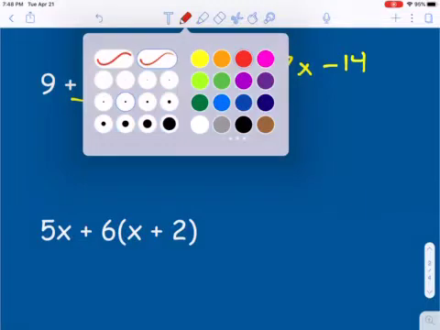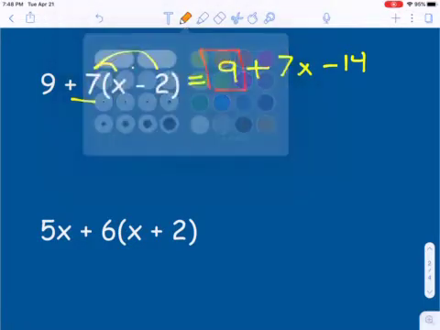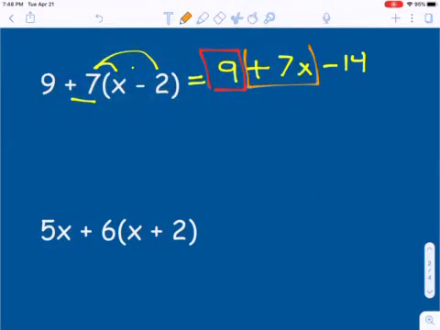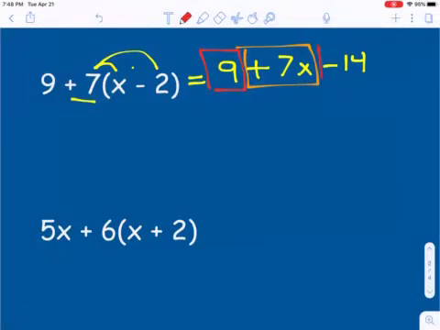Well, what can I combine in that? I've got a 9, that's a constant. I've got a 7x, that is a variable term. And then I've got a negative 14, that's a constant. So I can combine those two. 9 plus negative 14 gives me negative 5.